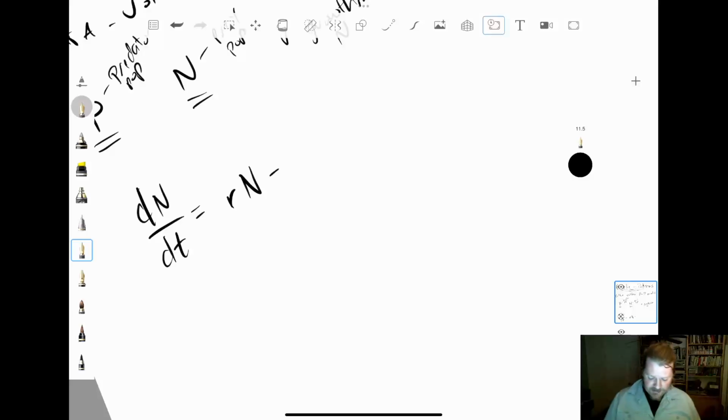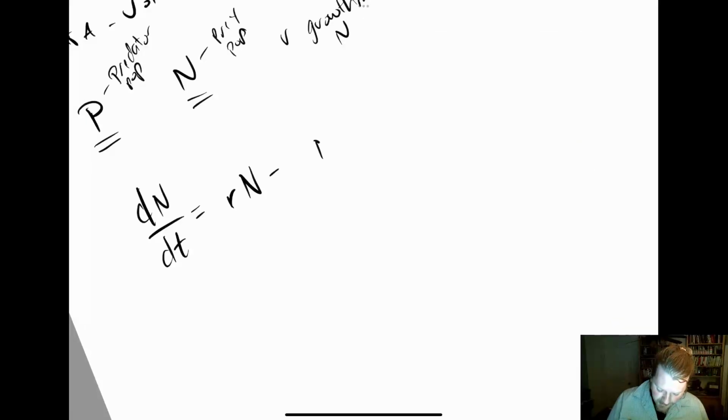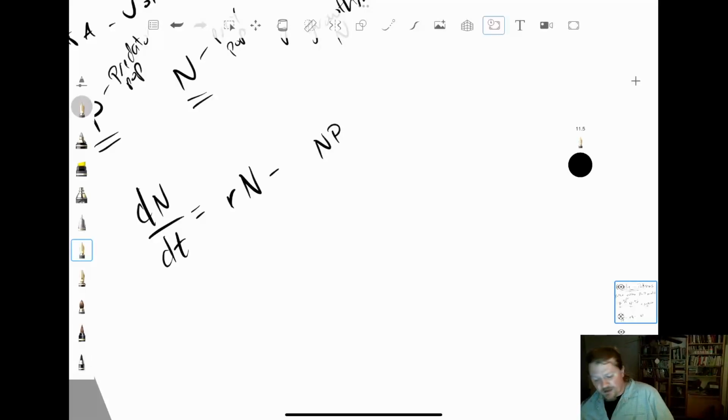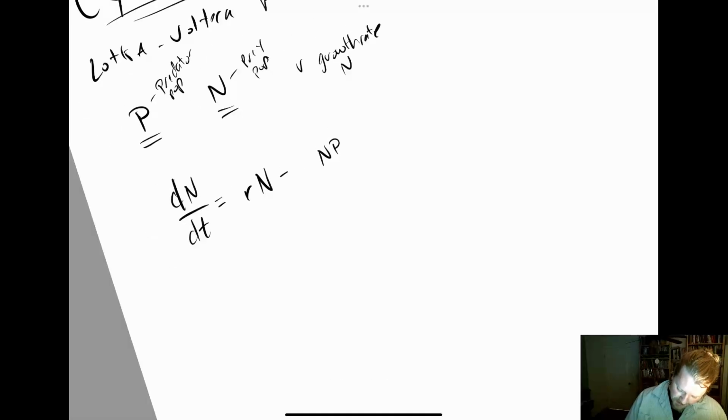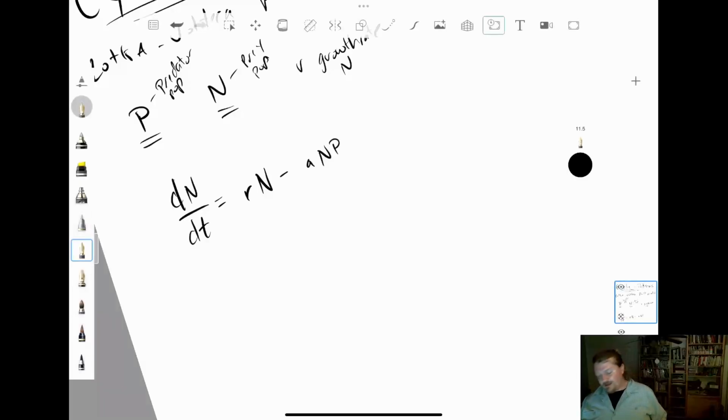This is multiplicative in this case. So we're going to say that they're going to have this encounter rate, which is N times P, and then we're going to add one more constant here, a, right? Which is the likelihood of this interaction killing some of the prey, right?